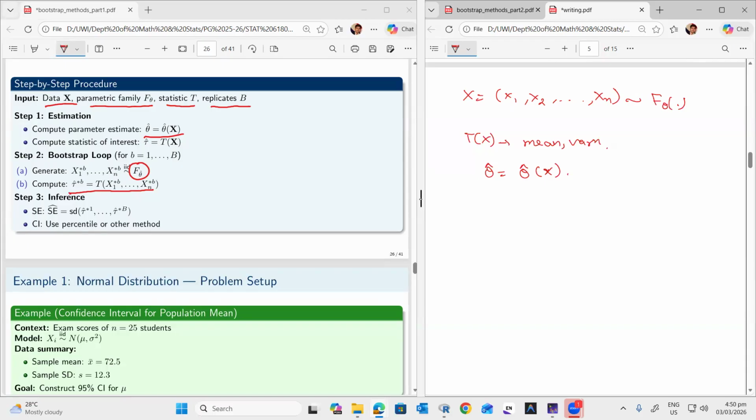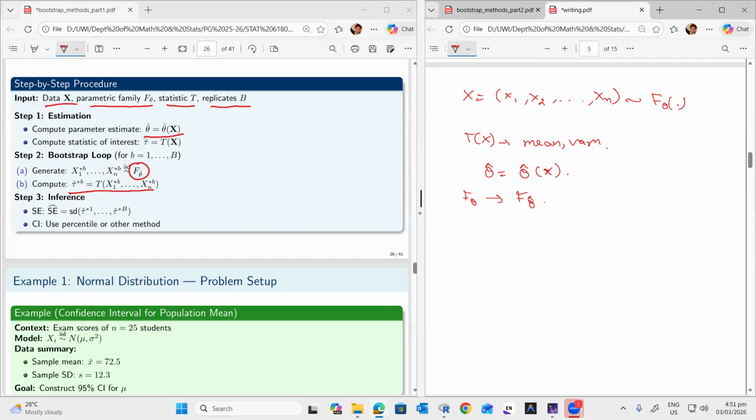So the main idea of the parametric bootstrap is to replace the unknown population distribution f theta with the fitted distribution f theta cap. Okay, so we will put the value theta cap instead of theta here. All right, so this is also known as the plug-in principle.